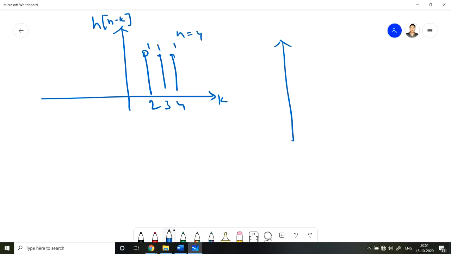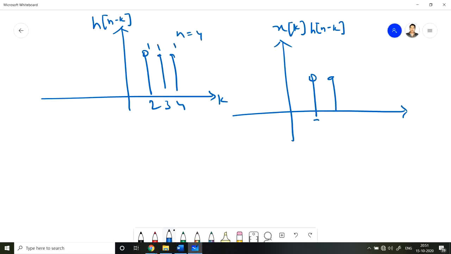Now the product of x[k] with h[n minus k] has overlap at k equals 2 and k equals 3, where we have 1 1.